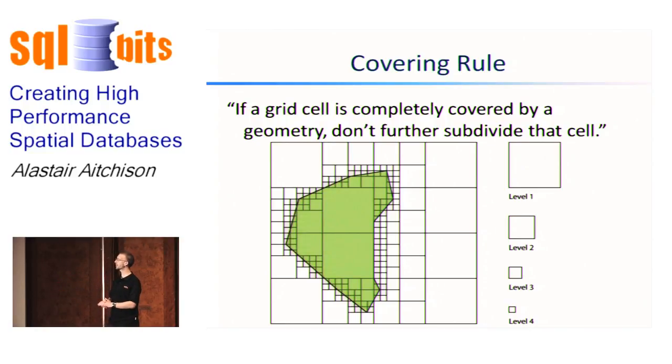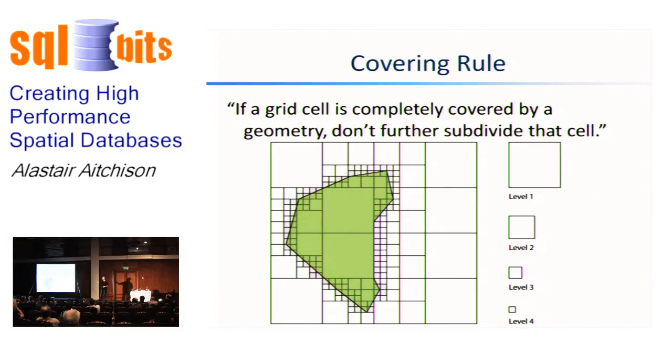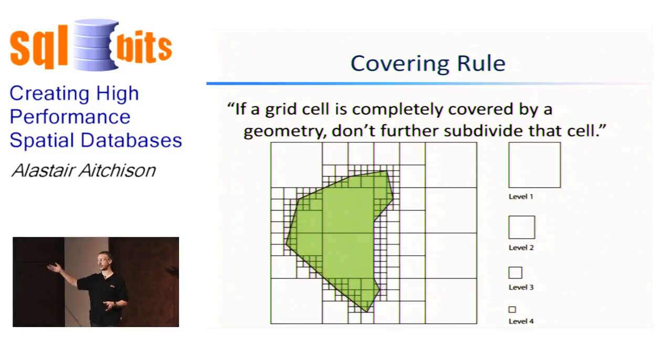Okay, and what the covering rule says is, if you look at these 2 large level 1 cells in the middle of the geometry, looking at level 1 alone, we know that the whole of those cells has been intersected by the green polygon, okay?